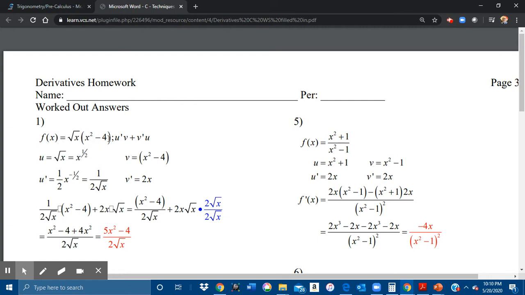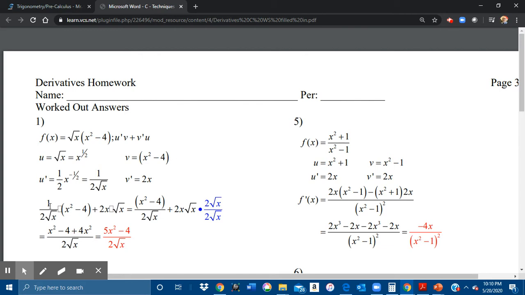V is going to be the second term here, x squared minus 4. So u prime, again, pull that 1/2 down, subtract 1 from the exponent, so we have 1/2 x to the negative 1/2. We could write that as 1 over 2 times square root of x. V prime is simply 2x.